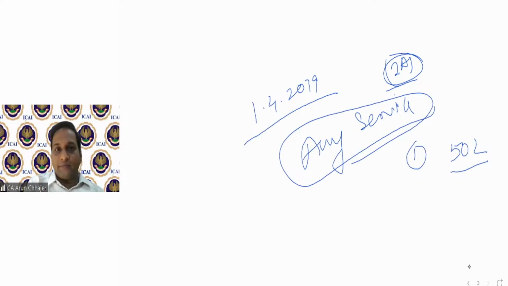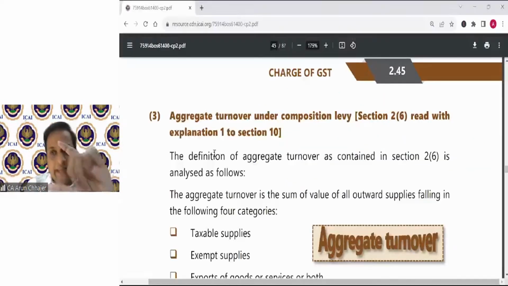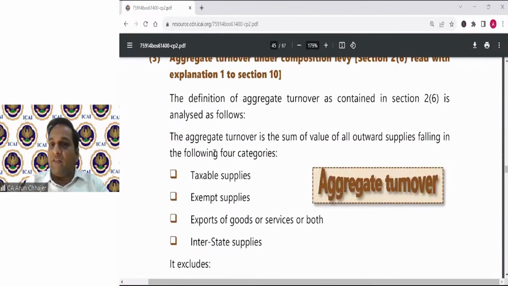When I talk about aggregate turnover, we all know that aggregate turnover means pan India turnover. We have to add every sale from every state. Then the consolidated amount is the aggregate turnover. What is the definition of aggregate turnover? Section 2 clause 6.